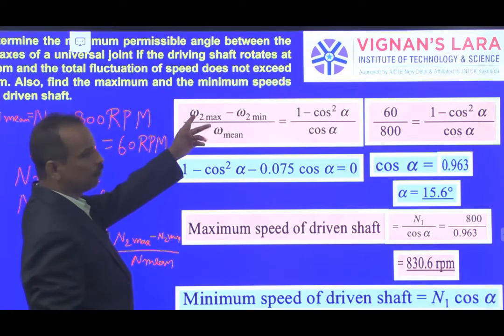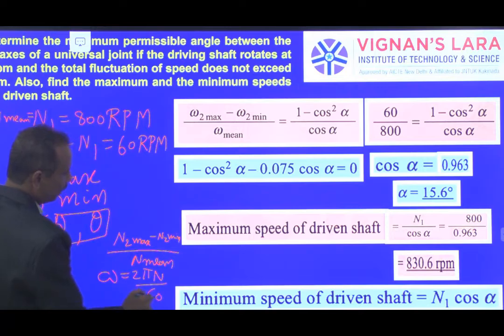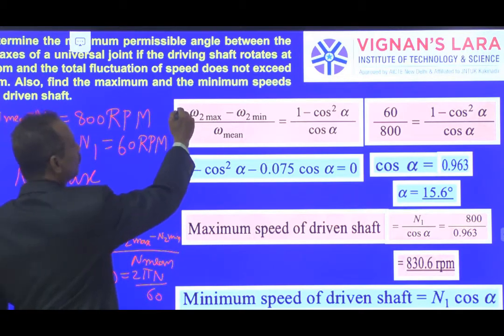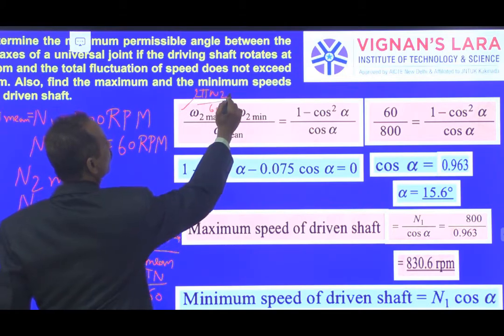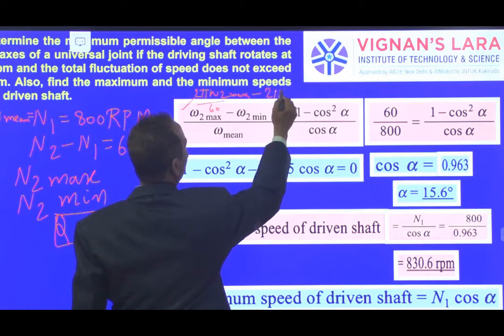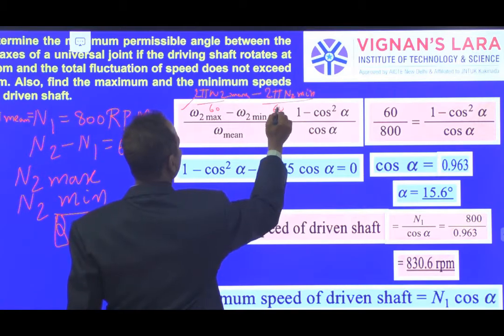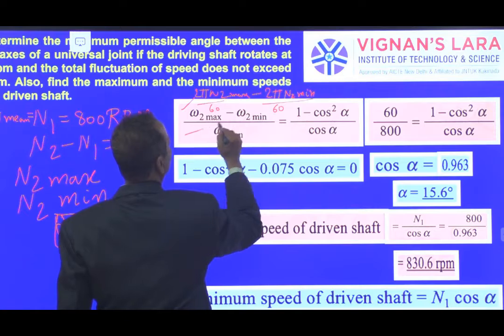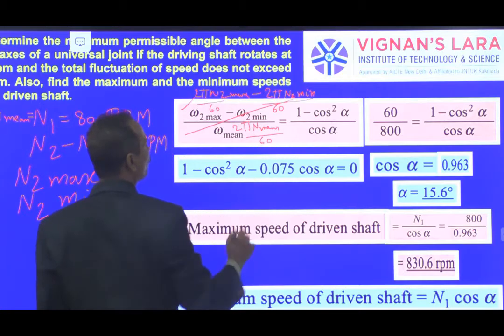Same, because what is omega? Omega is equal to 2 pi n by 60. If I write it that way, this becomes 2 pi N2 max by 60 minus 2 pi N2 minimum by 60, over 2 pi N mean by 60.